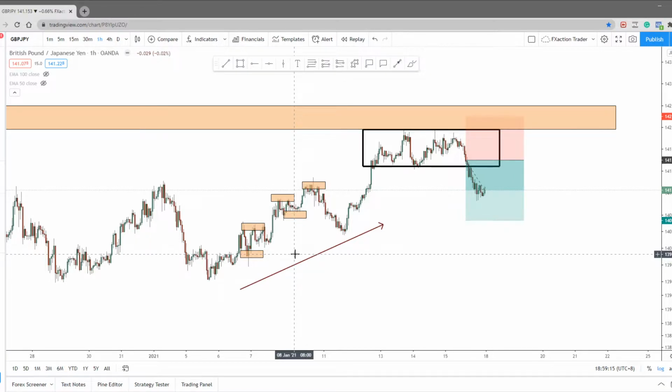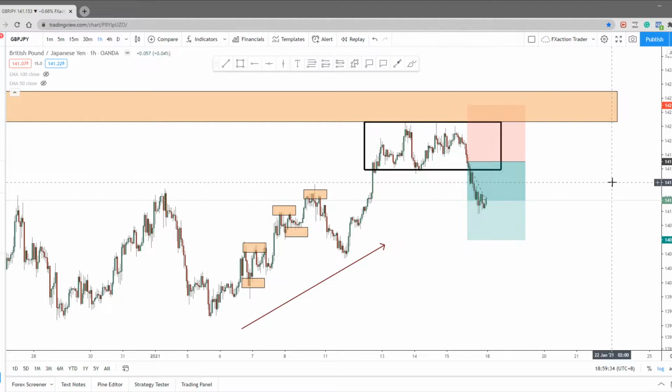On this H1 chart, the market was in an uptrend, and after the market tried to test the resistance level, the uptrend did not show any symptoms of trend continuation. In fact, the market started to consolidate, or just went into a sideways structure.